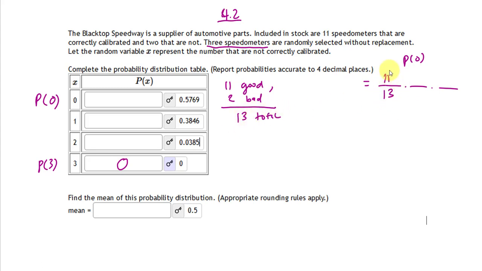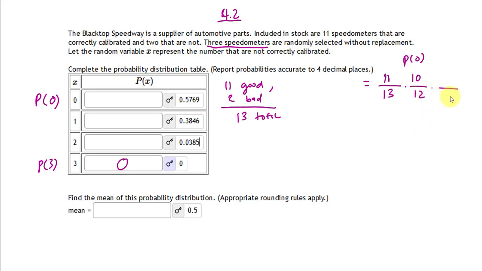So the first time when you take out the first speedometer, you want that to be a good one, so 11 out of 13. Because we do not replace it back, we only have 12 items for the next time that you take out the second one. And you are still looking for a good one, and because you already took out a good one, we only have 10 left.